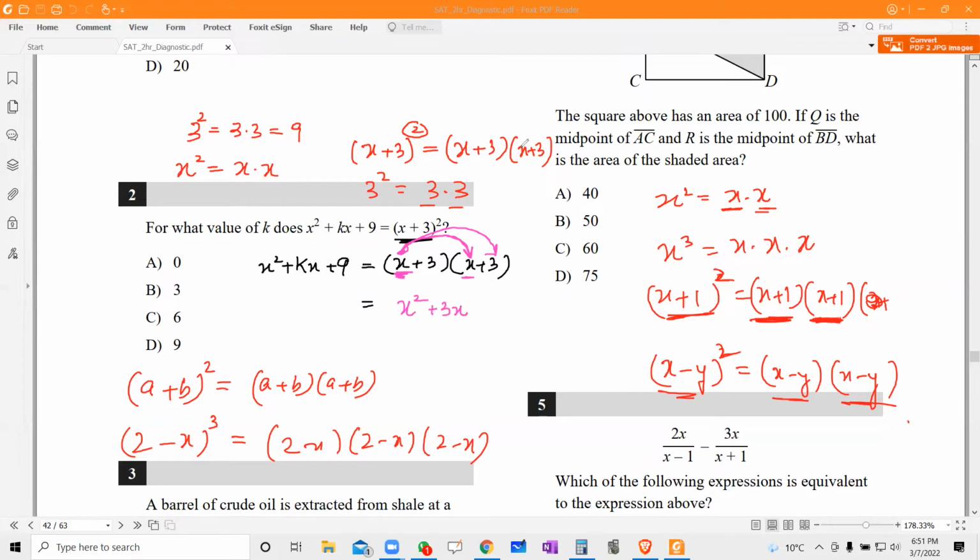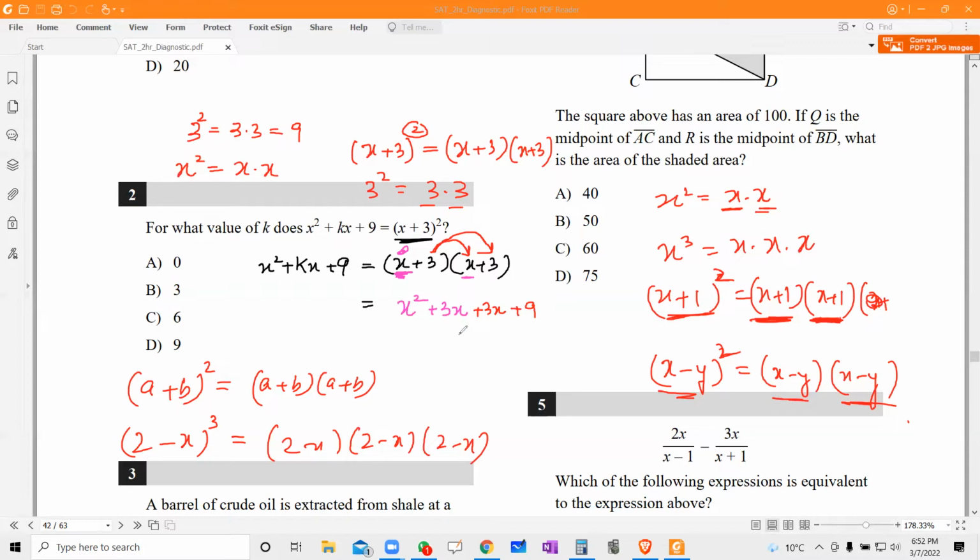And now the second term is multiplied with the first term. How much will it be? 3x. Correct. And the second term is multiplied with the second term. How much will it be? 9. Correct.